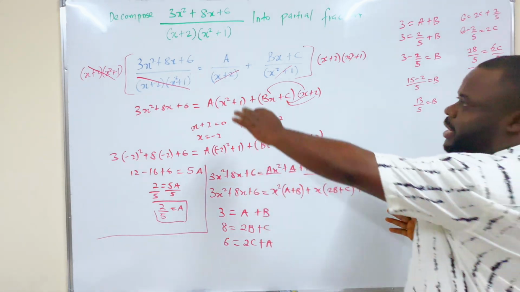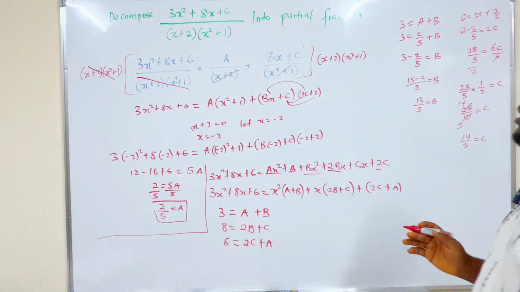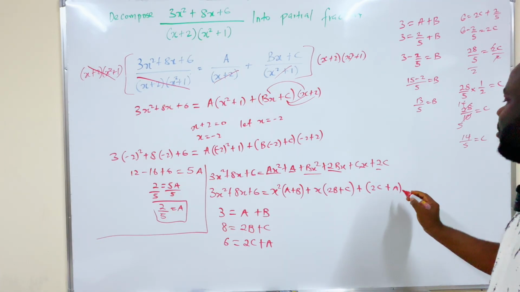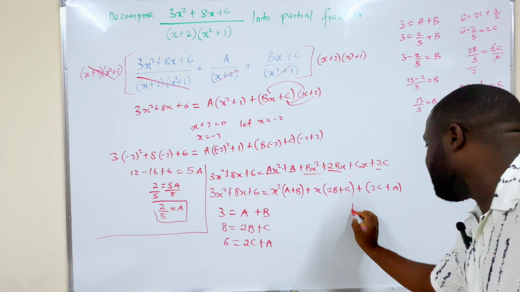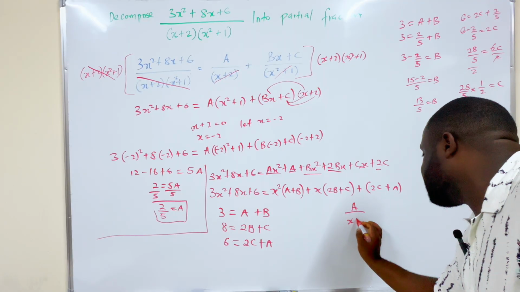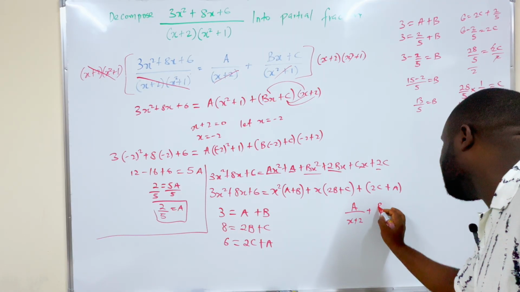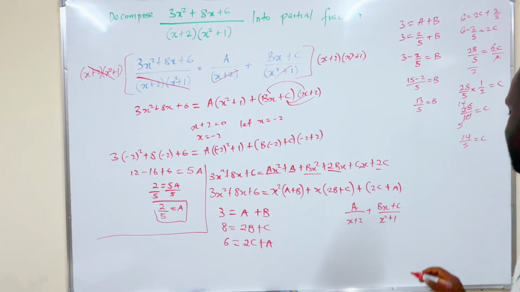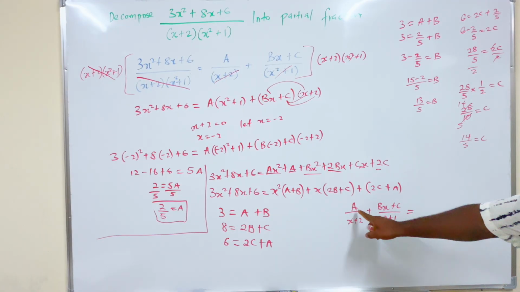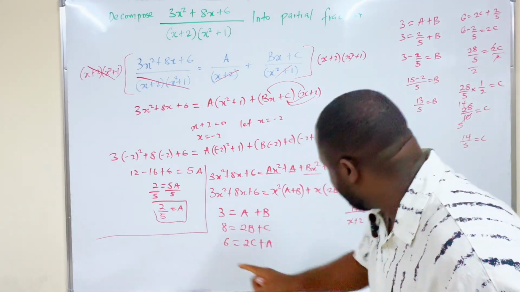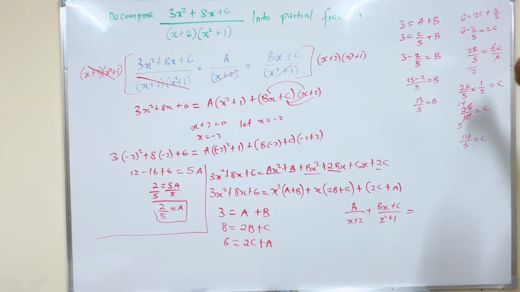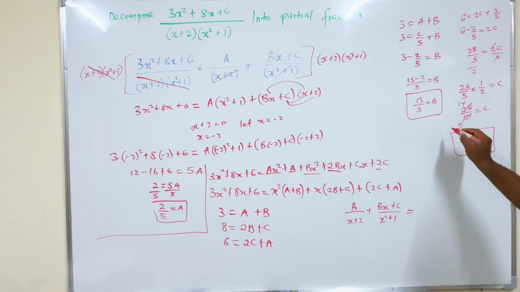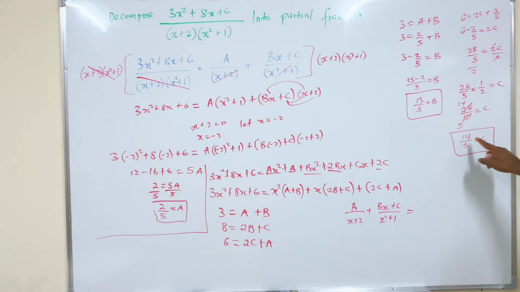So now let's represent them into this expression. We have a over x plus 2, plus bx plus c over x squared plus 1. This is the same thing as a is 2 over 5, b is 13 over 5, and c is 14 over 5.